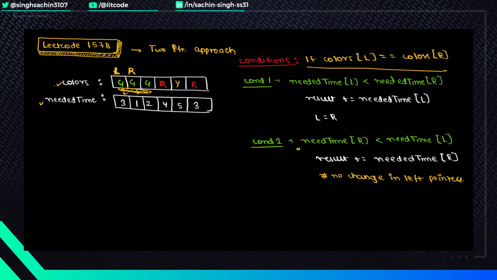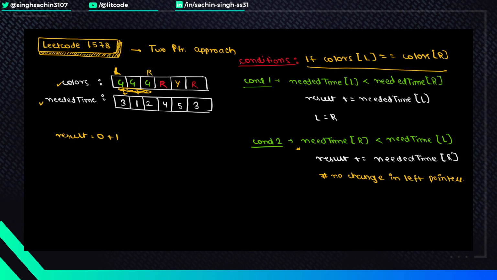So this is the condition we are talking about. In this one, needed time of R is less than needed time of L, so we will have another variable called result, initialized with 0. I'll add 1 to it. We don't need to update our L pointer, but we will update the R pointer and take it to the next index.